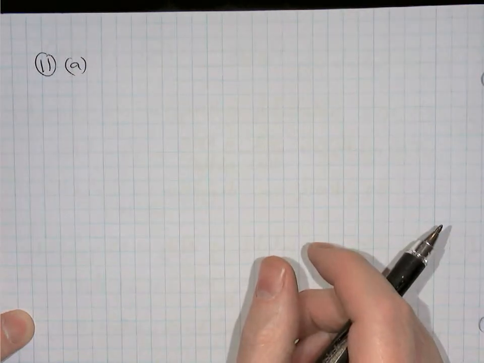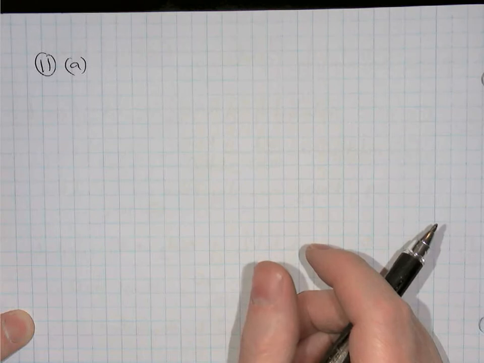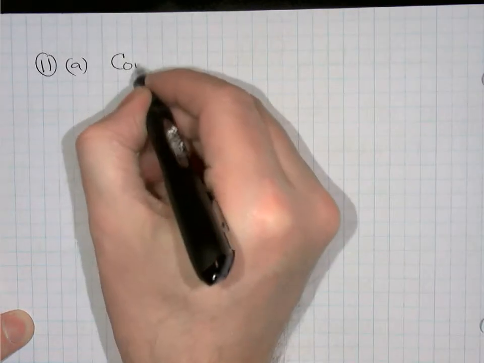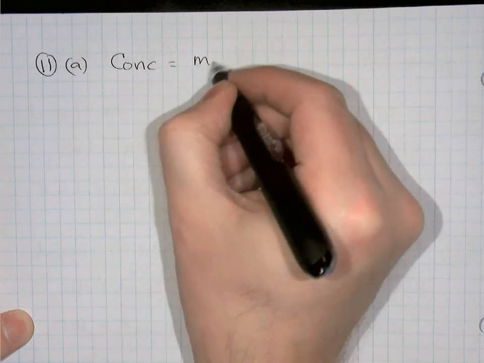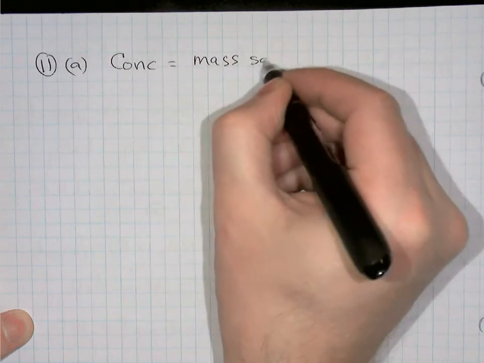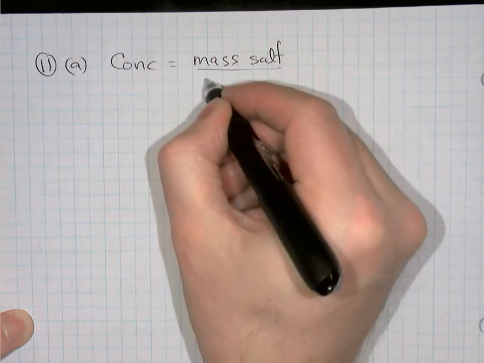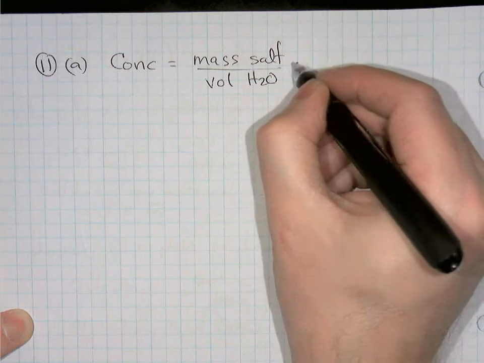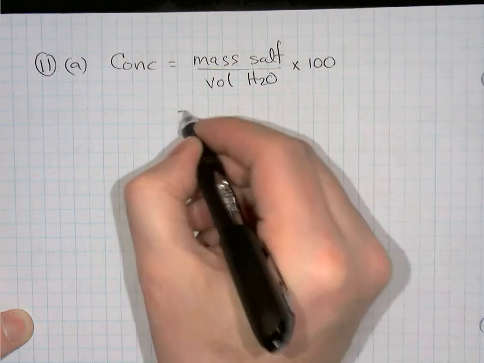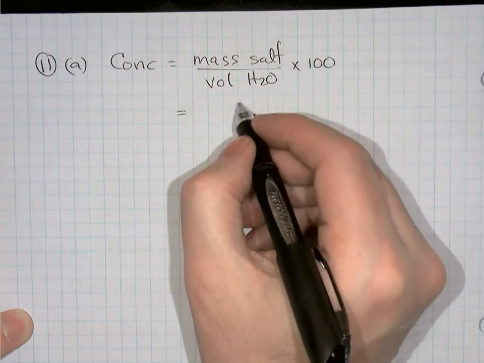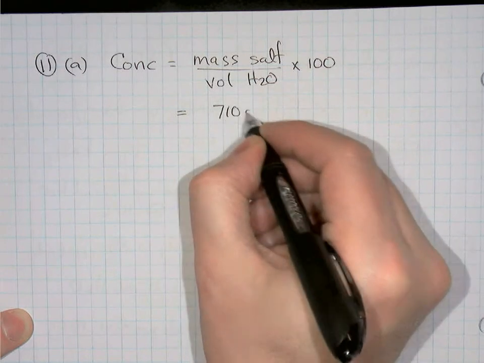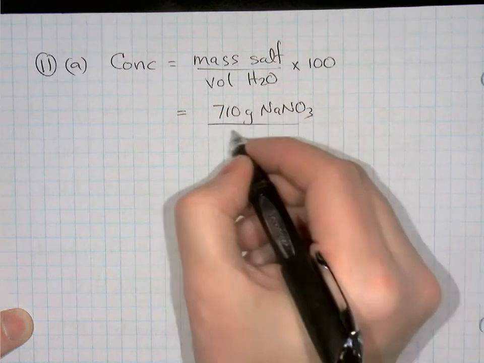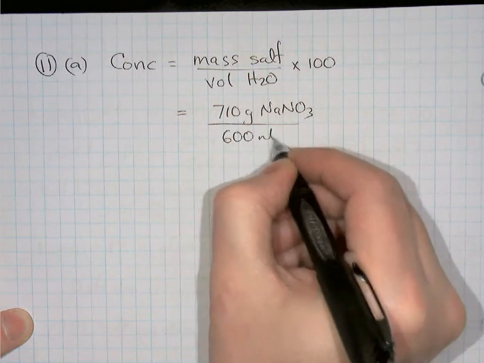since we were told the mass of the solute and the volume of the water, we're going to calculate the concentration. So concentration again is mass of the salt, mass of the solute, divided by the volume of the solvent, the volume of the water, times 100. So in this case, 710 grams of sodium nitrate dissolved in 600 mils of water.